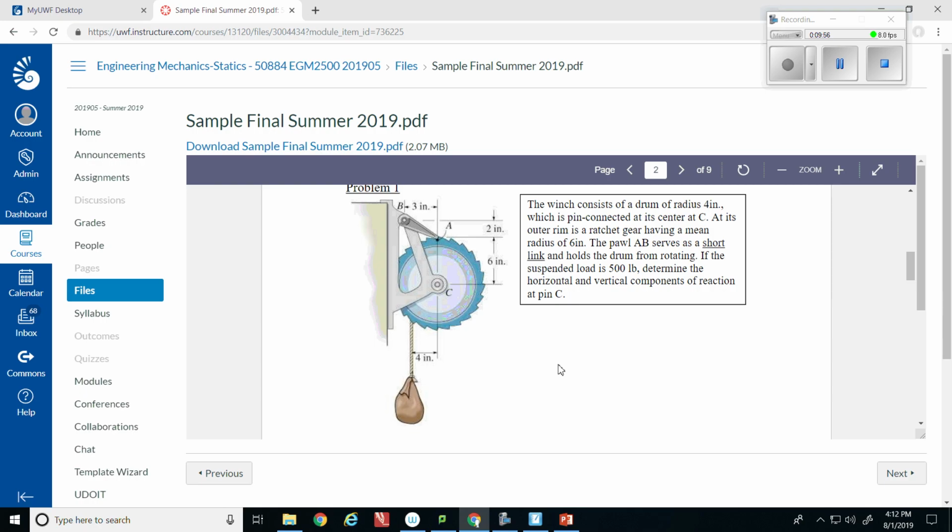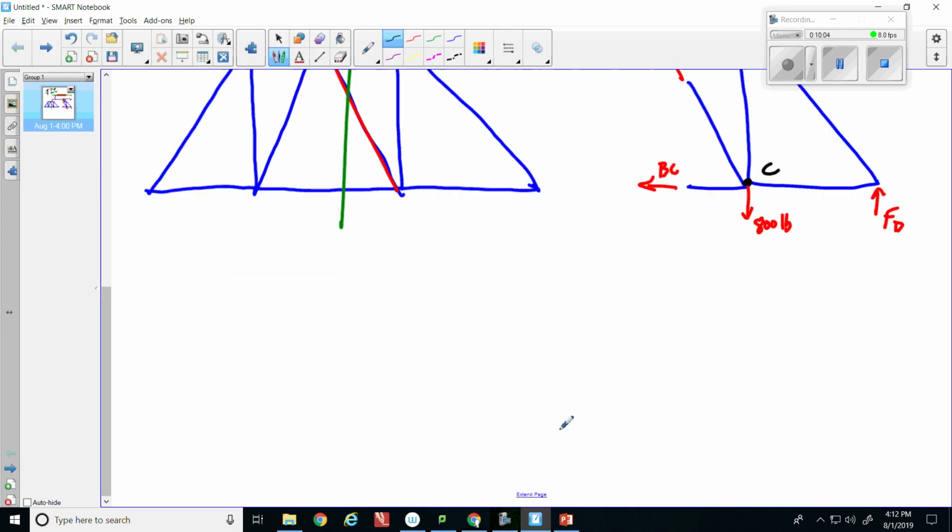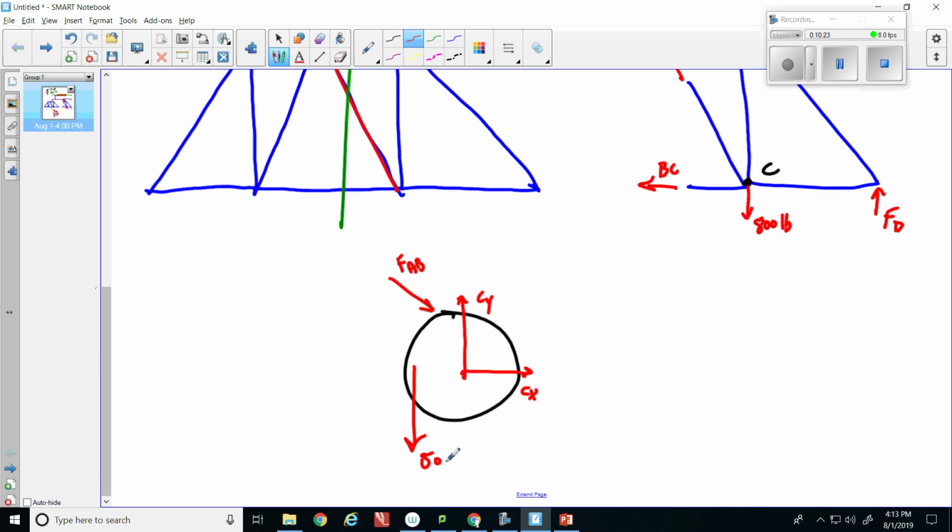So if you were to draw a free body diagram, I would draw a free body diagram of that gear, right? And I would draw it like this. I draw a gear. I would have a force like this, FAB. I would have a CX and a CY. And then over here, I've got 500 pounds.